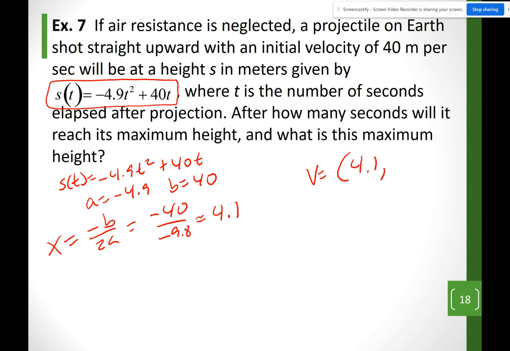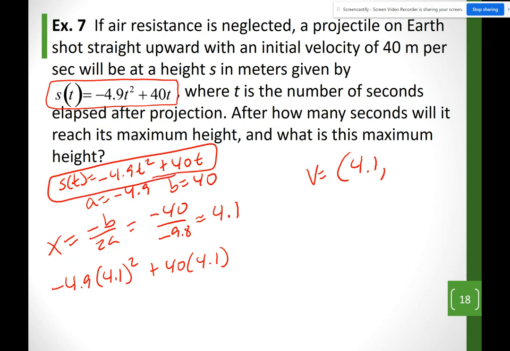Now for my y value, I'm just going to use negative 4.9 times 4.1 squared plus 40 times 4.1. If you notice, I'm using this formula. I know the value of t now.